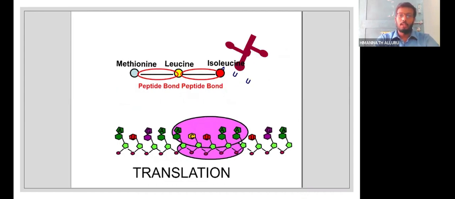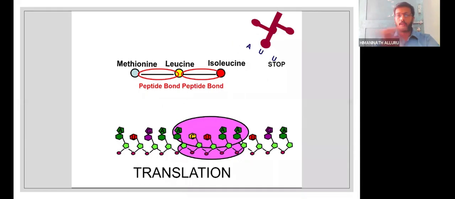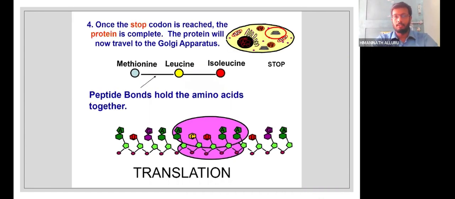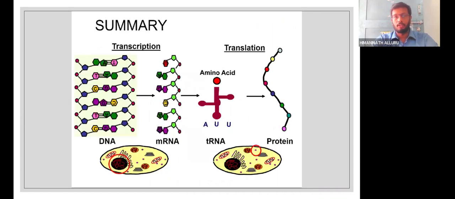How the peptide bond forms between amino acids, they already know from the 11th standard itself. They know the basic idea about the polypeptide chain and how the chain is formed, the C and N ends. They will definitely be able to say it; there won't be any confusion in that.